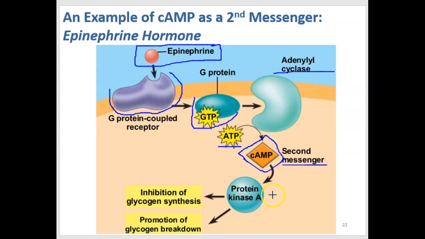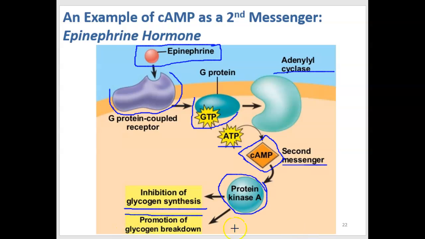It activates protein kinase A, which you certainly don't have to memorize. Okay, but what does that do? So we've increased the production of enzymes. Well, this particular enzyme in a liver cell will inhibit the synthesis of glycogen, but it will promote the breakdown of glycogen.